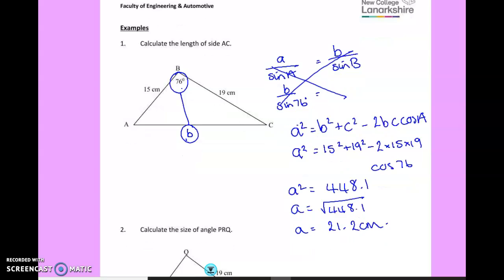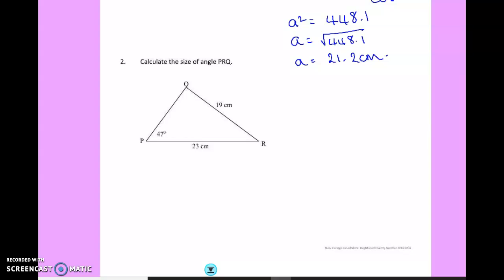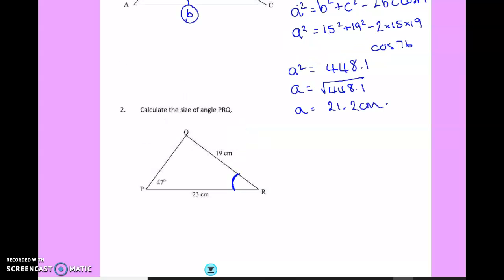Okay, let's try the next one. I want to find the size of angle PRQ. There's P, there's R, there's Q. So I want to find the size of this angle here. So again, just guessing, I'm going to write out one of my formulas. So I've got cos A is b squared plus c squared minus a squared all over 2bc.